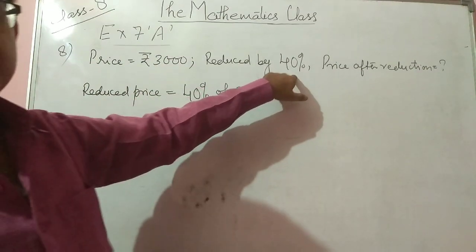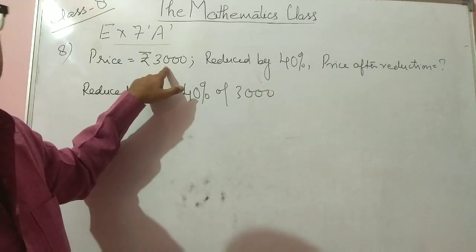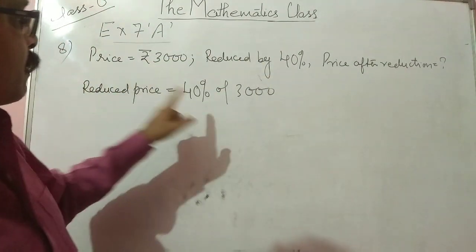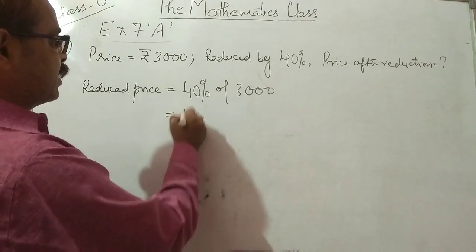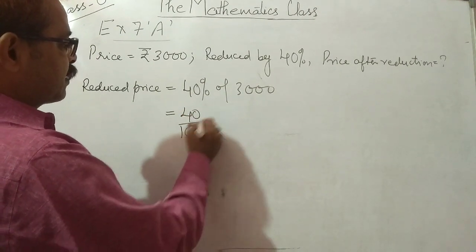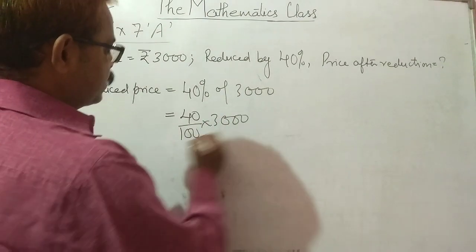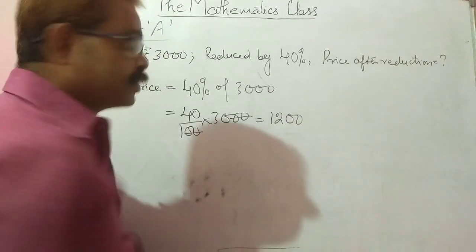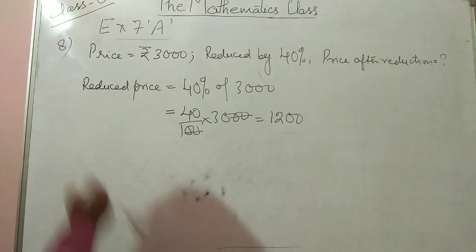This 40% has been reduced on the original price, and since the original price is 3000, reduced price will be 40 upon 100 into 3000, 0 cancel, 0 cancel, 4 3s are 12, 1200 has been reduced.